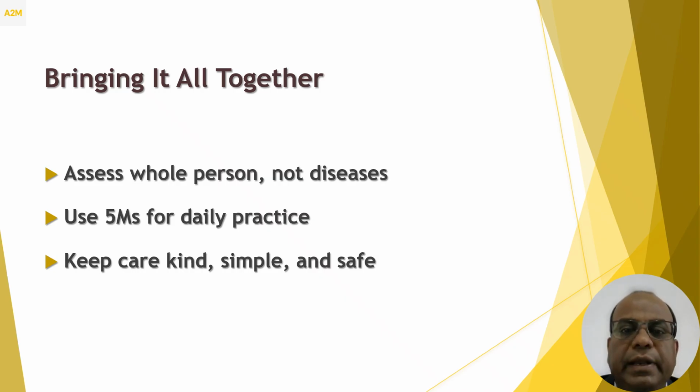It means remembering that illnesses may show in strange ways. Confusion, falls, weakness, and behavior changes may be signs of serious illness. It means reviewing medicines often and stopping anything unsafe. It means checking mobility, vision, and hearing.